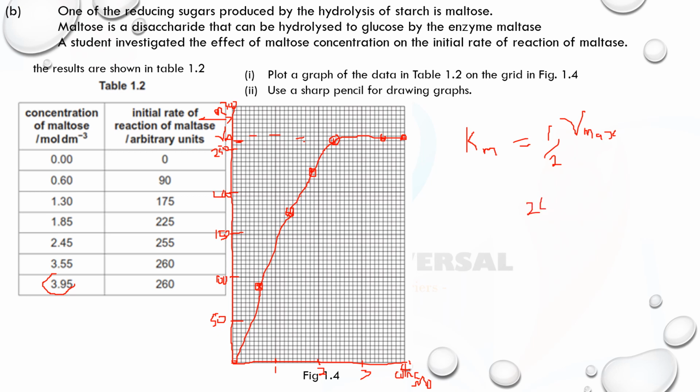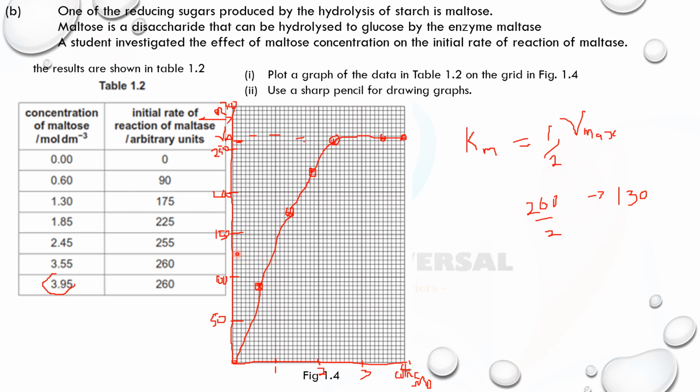So half of Vmax is half of 260. If 260 is the Vmax, that's the maximum rate of reaction, divided by 2, that will be 130. So you go to the graph and extrapolate. Each box here is... this is 100, and the middle is 125.